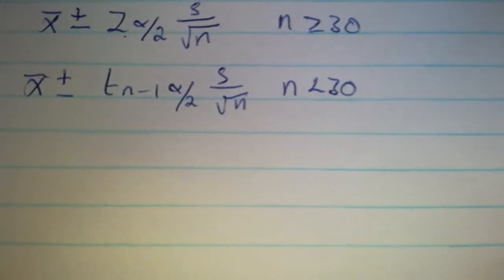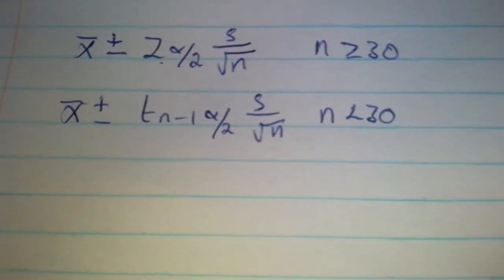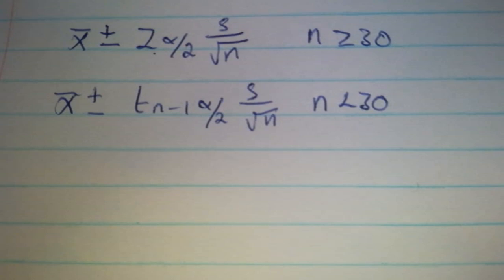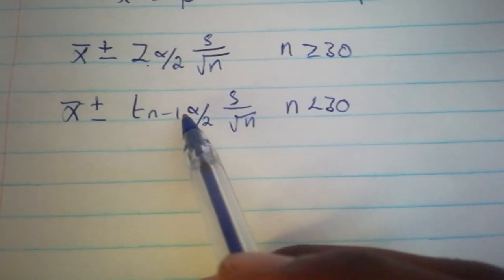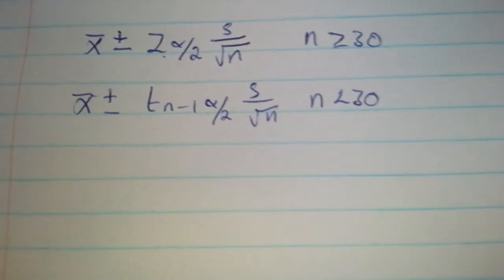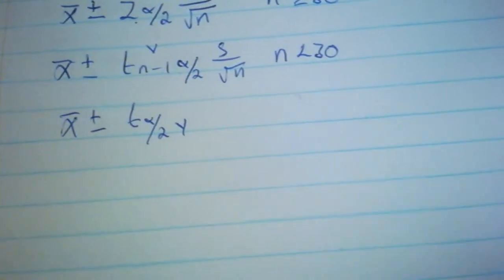So when constructing these intervals, you need to have both tables, the standard normal table and the t-distribution table. Our n minus 1 here represents the degrees of freedom, which is commonly denoted by the letter v. So you can write this as x bar plus or minus t alpha over 2, then v. Your v is your degrees of freedom.